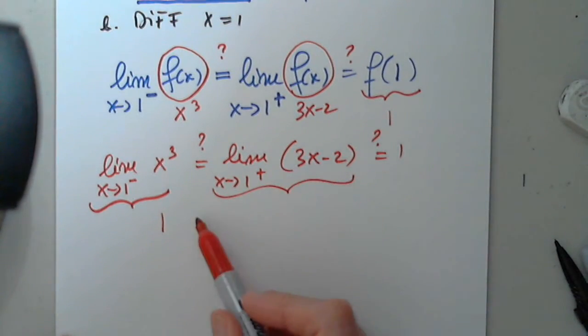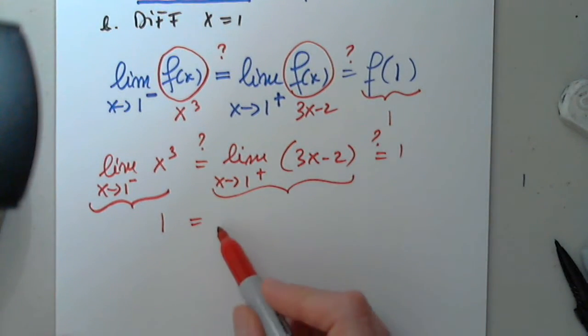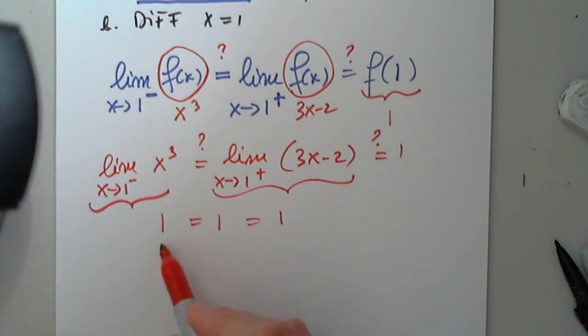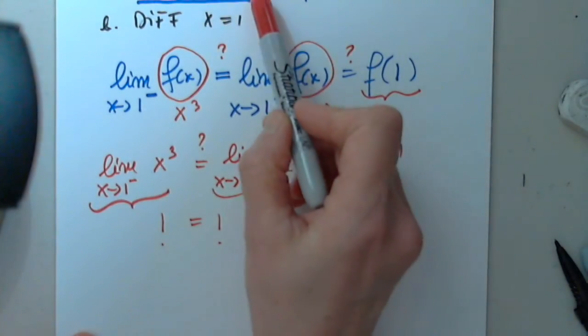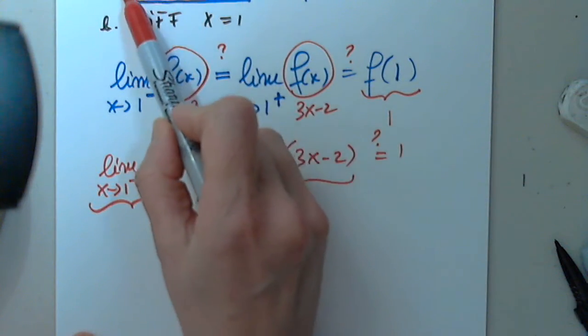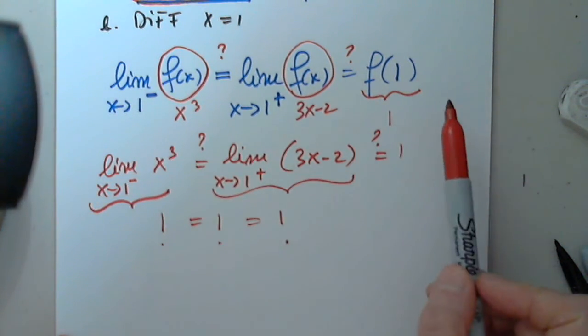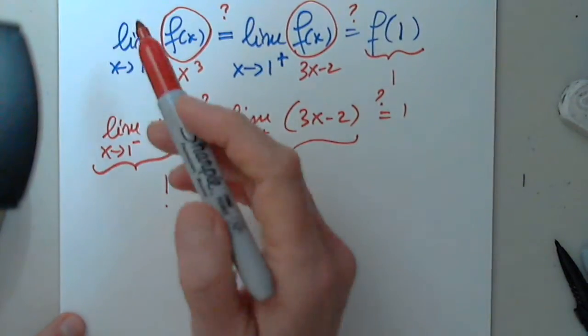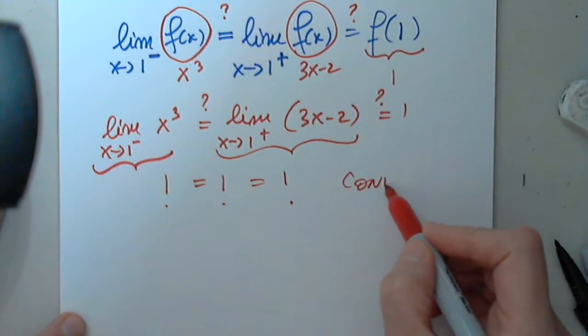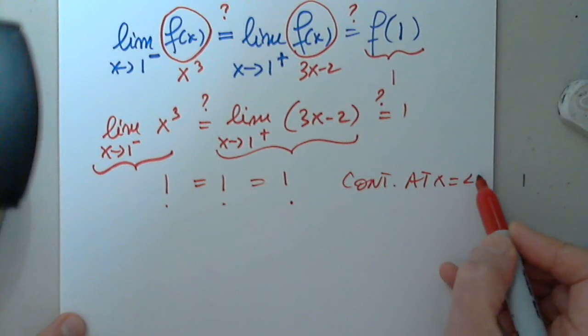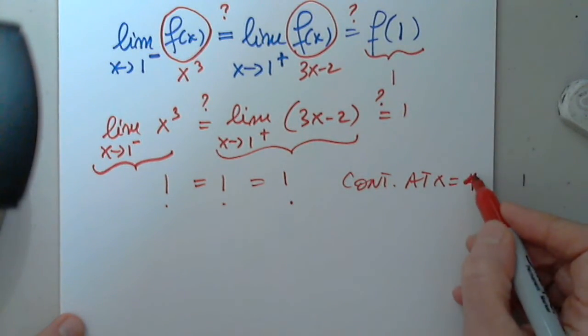What does this limit equal to? 1. And this is 1. All three things. So please remember the definition of continuity at a point has three pieces, and they have to be the same. Okay, next. So this is done, of course. Continuous at x equals 1, not 4.